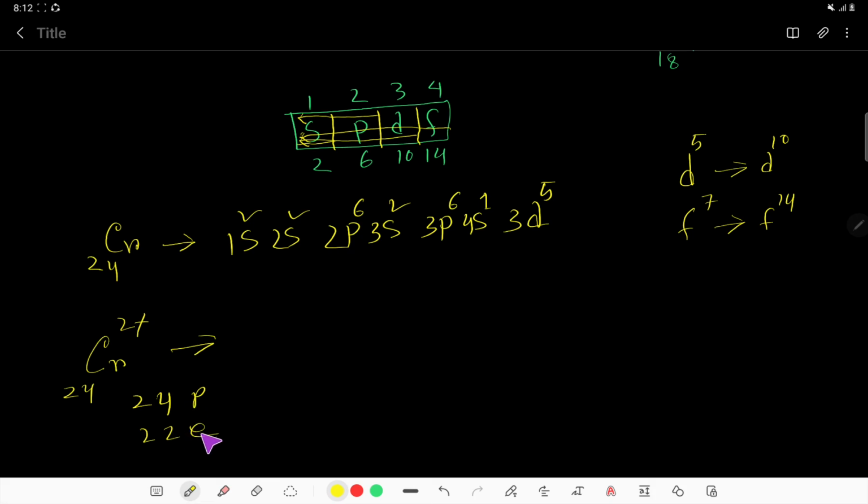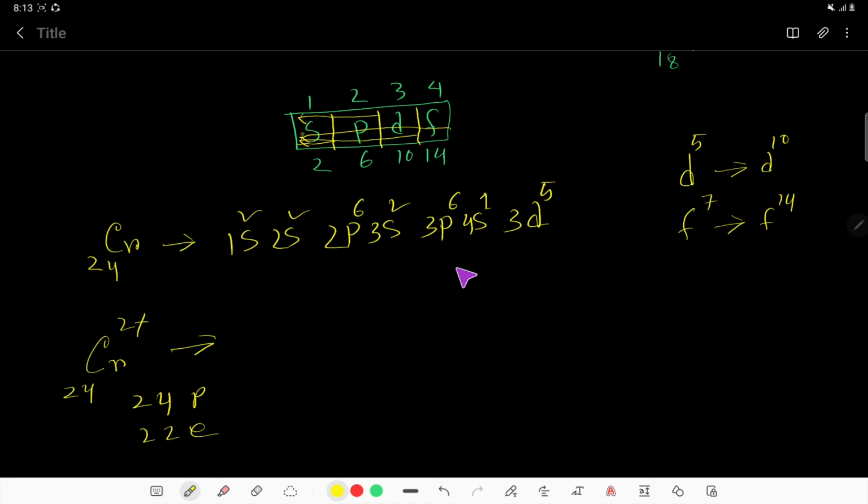So look, 22 electrons neutralize 22 protons, but we have 2 more protons. That is why we are writing 2 plus. To write the electron configuration of an ion, at first you need to write the electron configuration of the neutral atom. Then you need to remove 2 electrons from this.